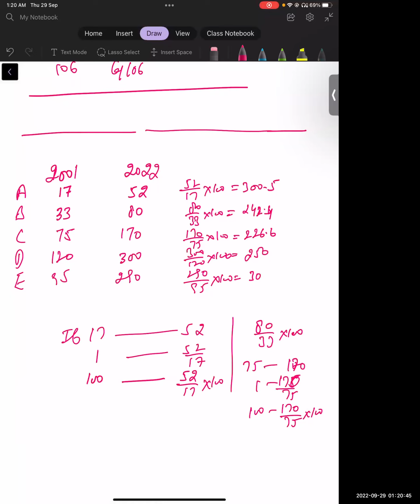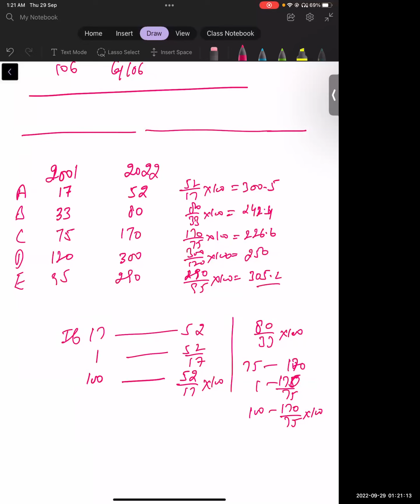Wait, is it 290 and 95? 290 over 95, that is 305.2. Sorry, I heard it wrong.